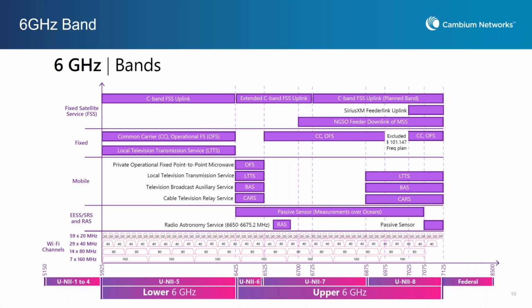Needless to say, the next slide I'm going to show is a timeline, but I want to speak a little bit about this. 6 gig will have something called AFC, automatic frequency coordination. Those of you who are familiar with CBRS know that was the beginning of the shared spectrum model. I think that's just the beginning, and 6 gig is still not the end.